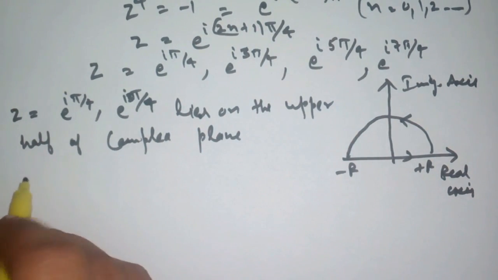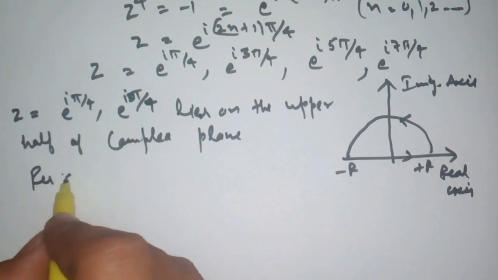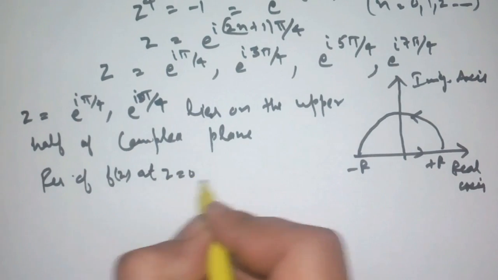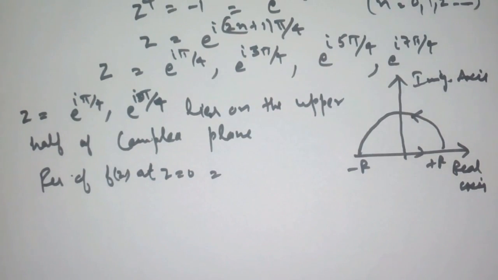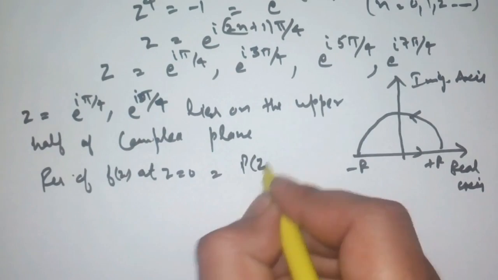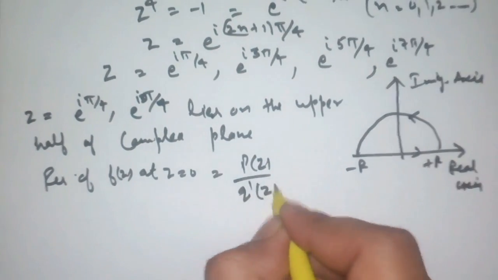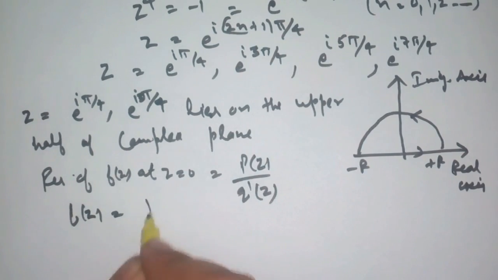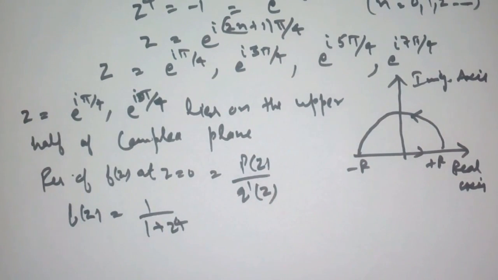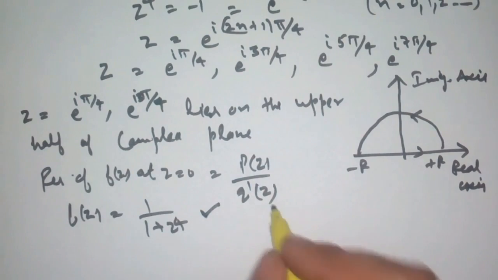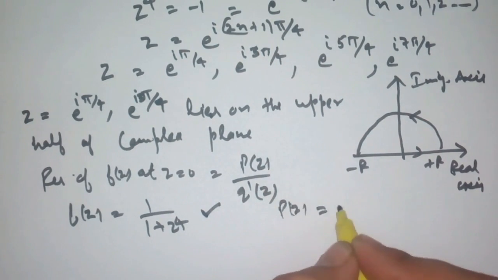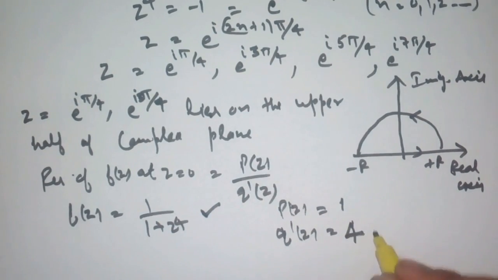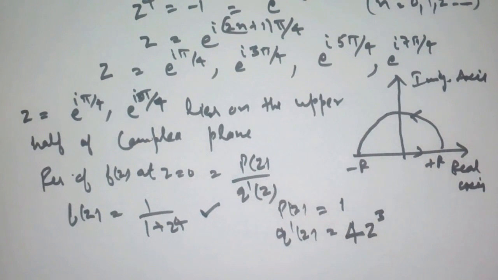Now for these types of functions, the residue of f(z) at a pole will equal p(z) upon q dash (z). Now we have the function f(z) equal to 1 upon 1 plus z to the power 4. So from this function we have p(z) equal to 1 and q dash (z) equal to 4z cube.